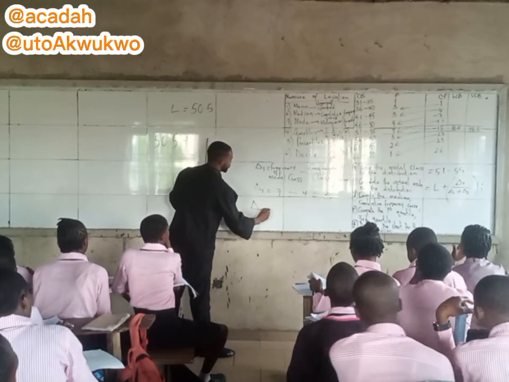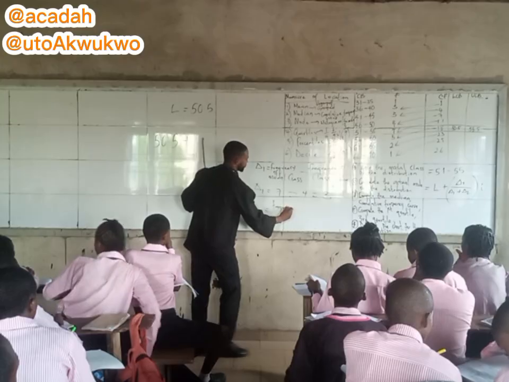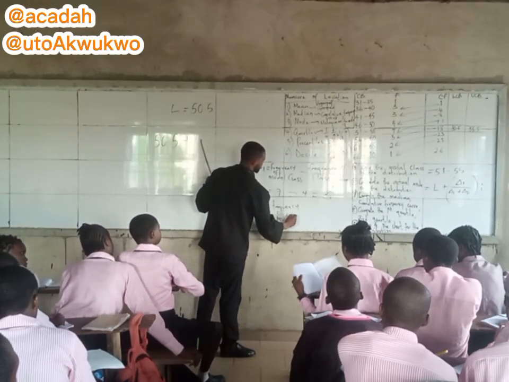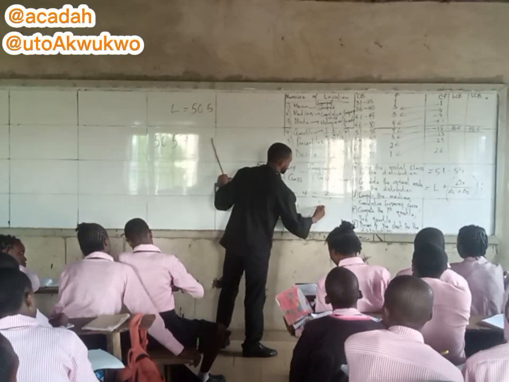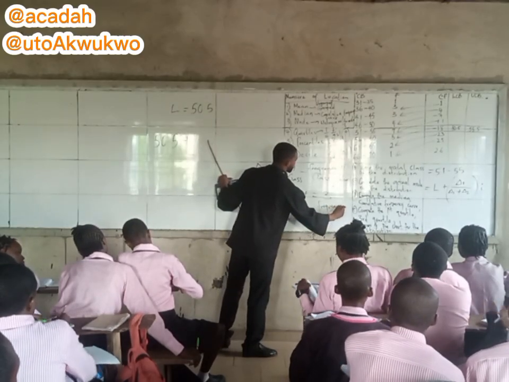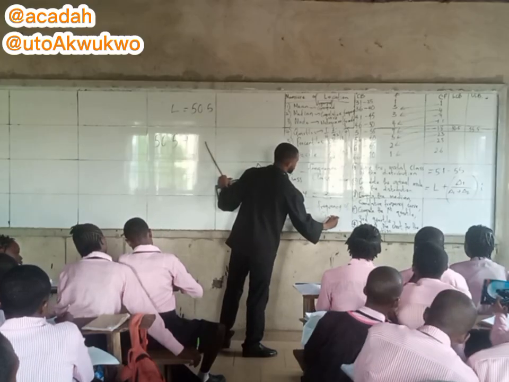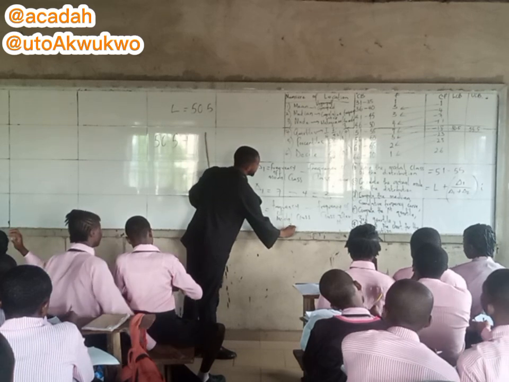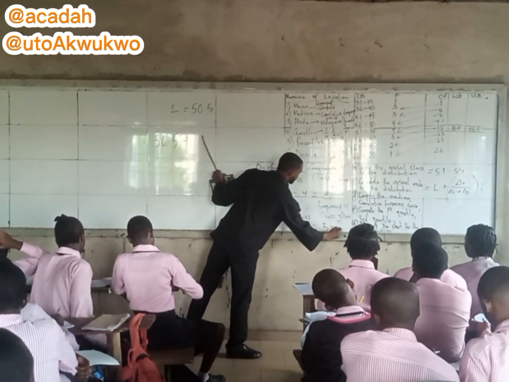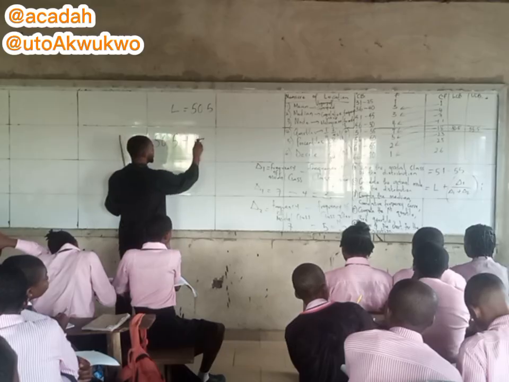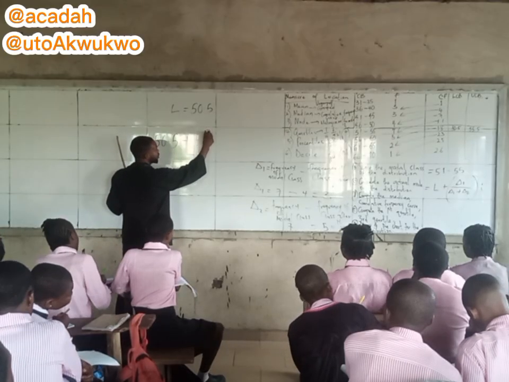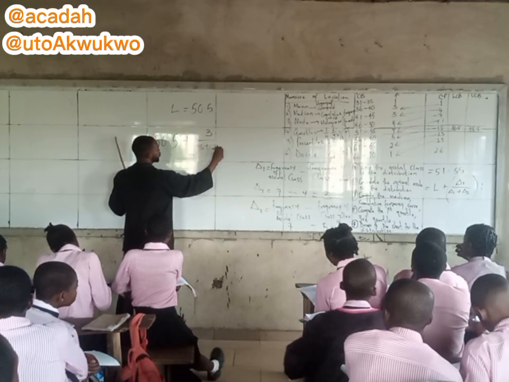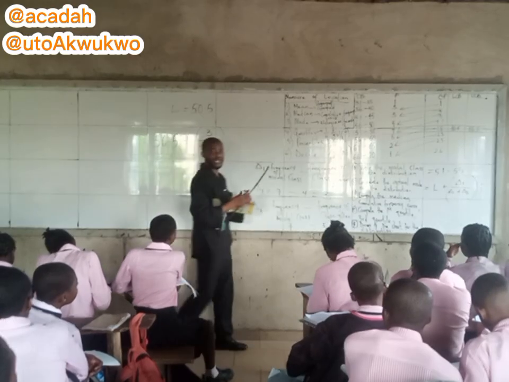Then delta 2 is the modal class frequency minus the class after it. The modal class is 7. So delta 1 is 3 over 3 plus 2. Then the class interval, do you remember what class interval is?